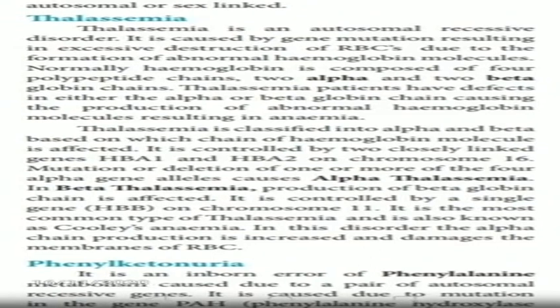So the patient has defects in either the alpha or beta globin chain, and thalassemia is classified into alpha and beta based on which hemoglobin molecule is affected.